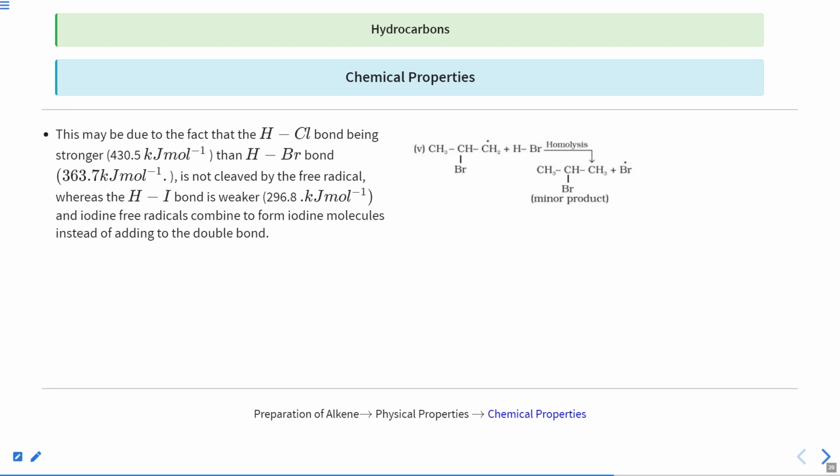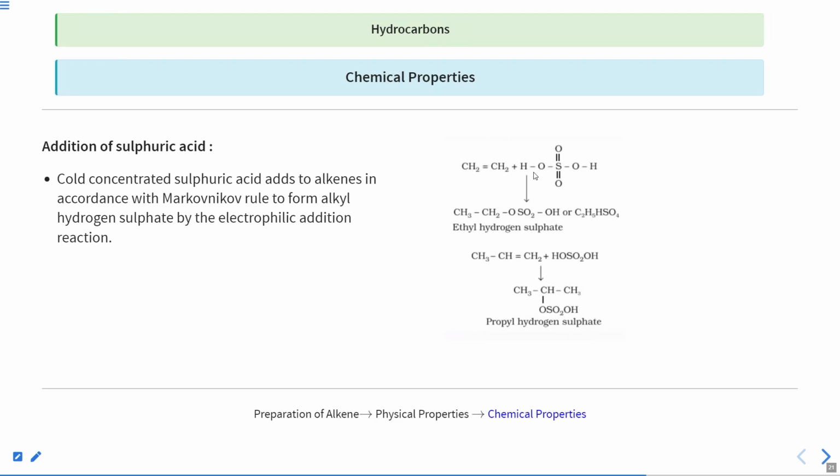So these are the 2 reasons: HCl has a higher bond enthalpy, so it is not broken homolytically, and HI gives an unstable I radical, which quickly reacts with another I radical to form I2. That is the reason we are doing it with HBr. So this is the minor product that we have. This is the Markovnikov product, and in the case of Kharasch, in the case of benzoyl peroxide, this is the minor product. Now next is addition of sulfuric acid.